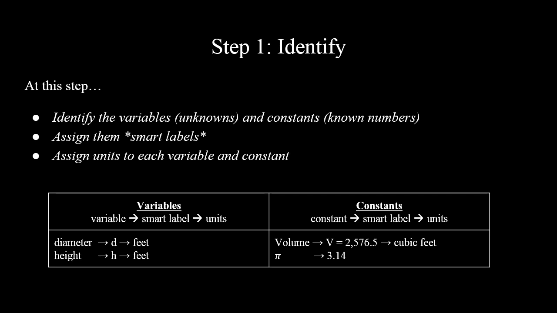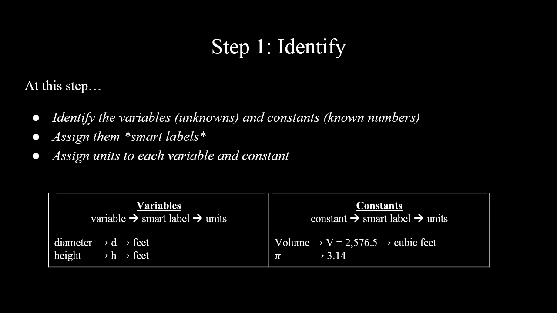I have the variable height. I was not given a measurement for height, so it is unknown. I'm giving it the smart label H, and I'm going to keep my units feet for that. I want to always be consistent. If you look on the right side of my table, I've listed the constants that we have here. Now, right away, when we read our problem, we saw a number that popped right out at us, 2,576.5, and that represented the volume.